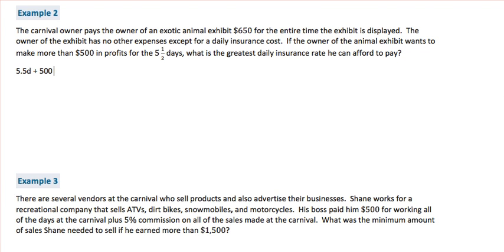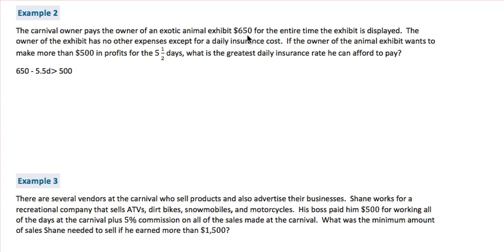no. So what we're looking at is 650, the entire amount that he's being paid, minus 5.5 times the number of days, which is the cost of the insurance rate, needs to be greater than 500, which is what our exotic animal owner wants to make.